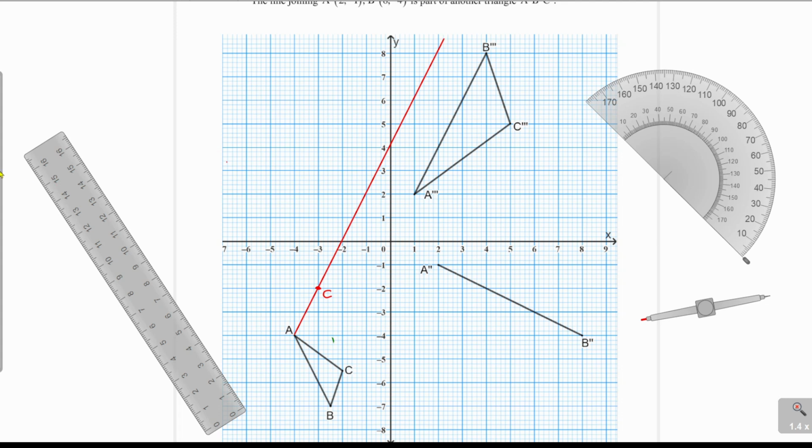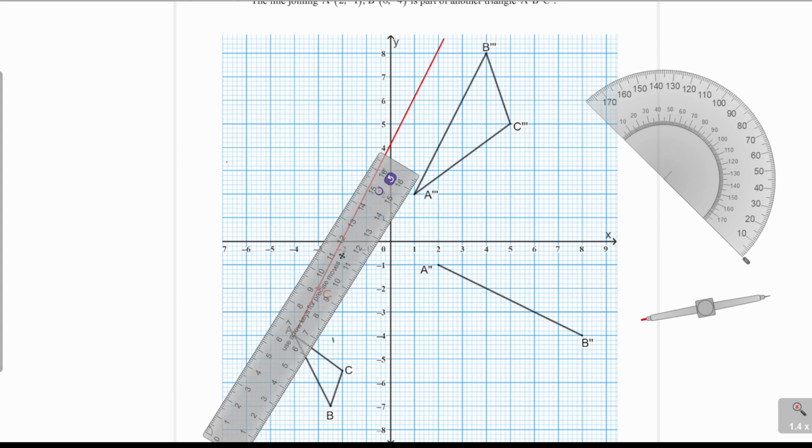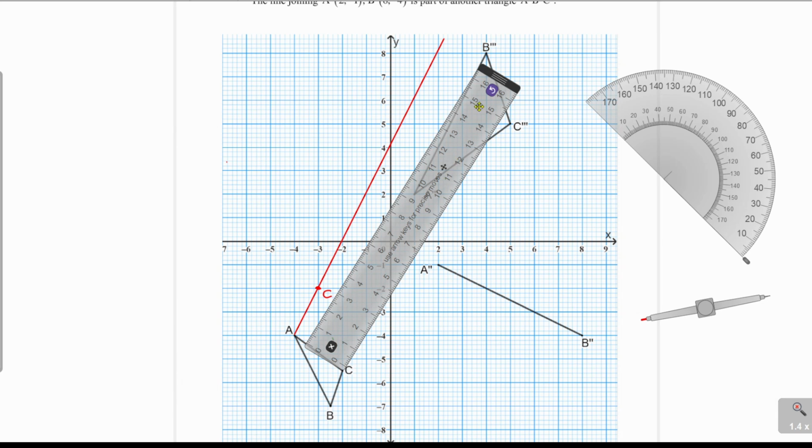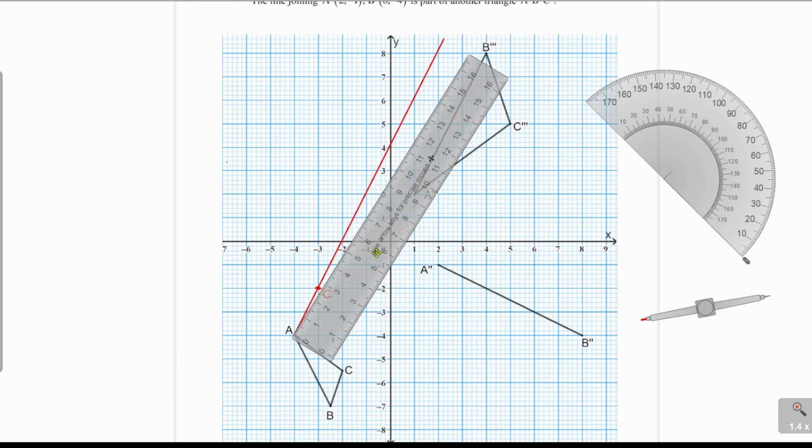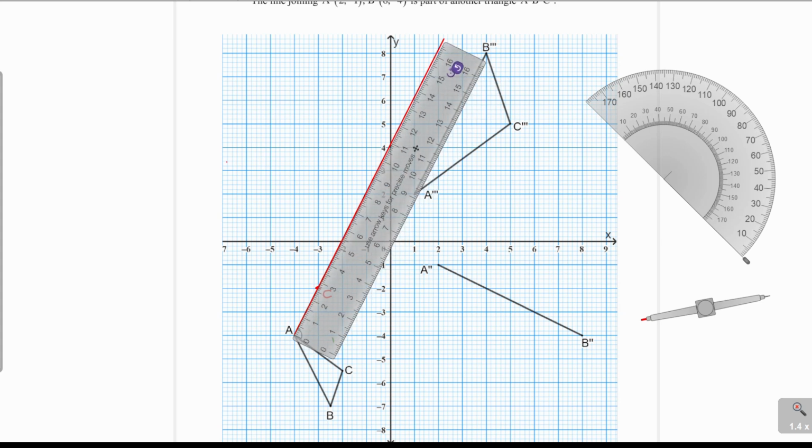We are going to simply take the distance A to the center of enlargement. Look at this distance from A to the center of enlargement. Now because we are enlarging by 2, we need to double that distance. And now from this point C, we double that distance.